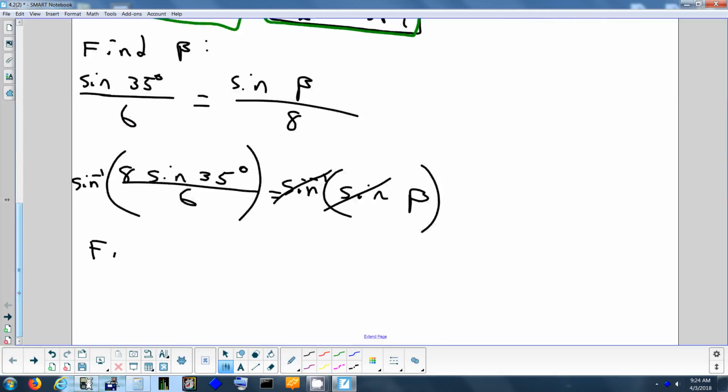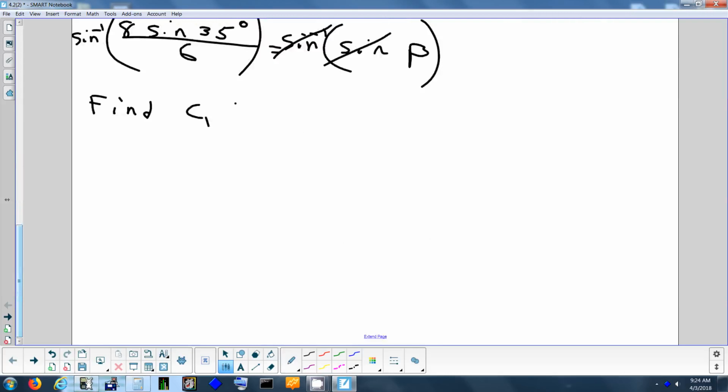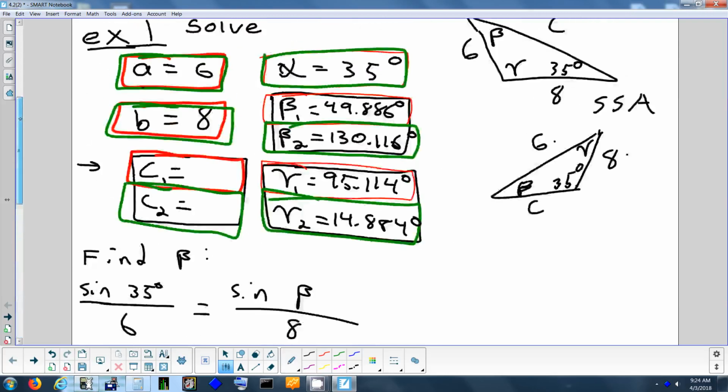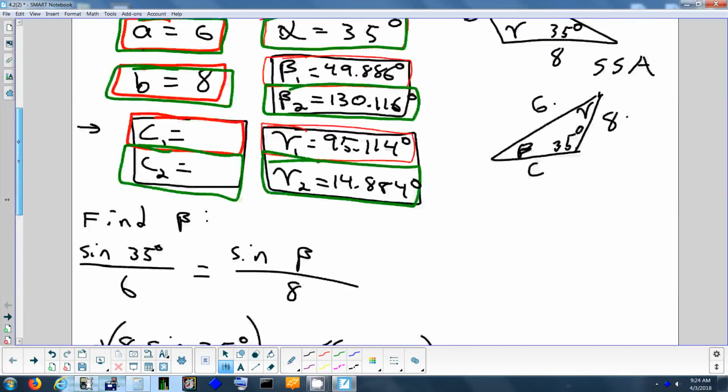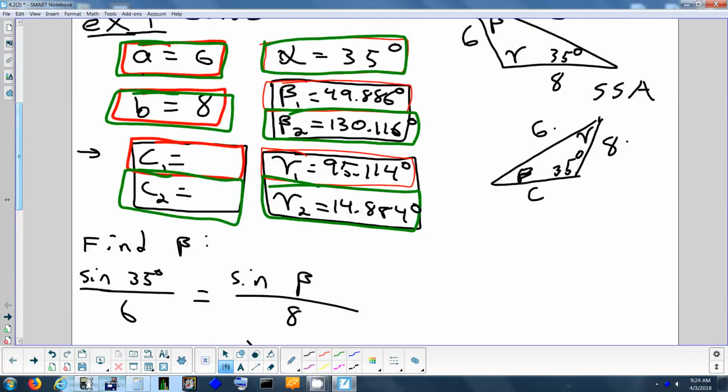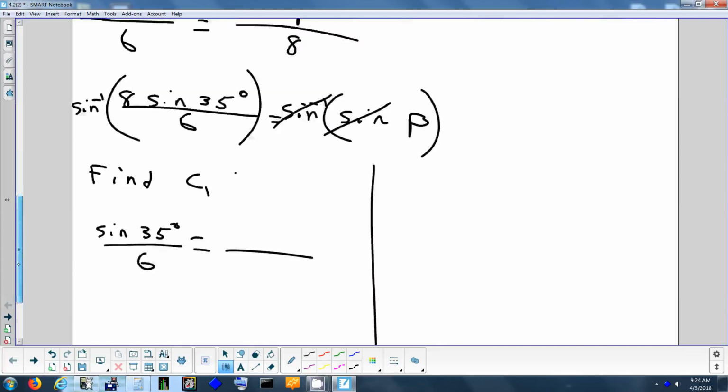Okay, so let's find C1. So we're going to have sine 35 over 6 equals sine 95.114 over C1.